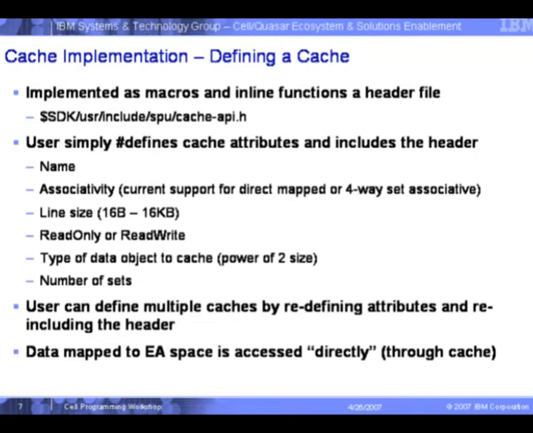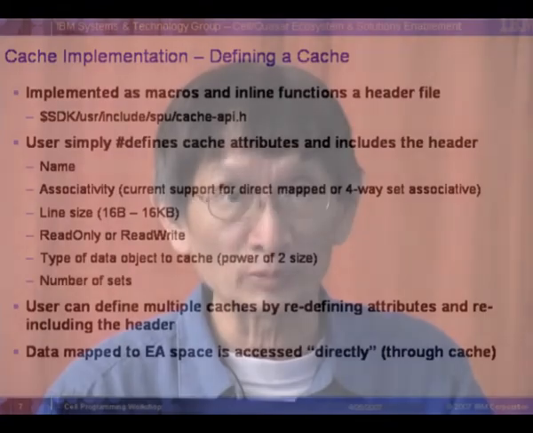The user can define multiple caches by redefining the attributes. Every software cache has to be defined by including the cache API here and then the attributes. If you want a second software cache, you repeat this section, right? The cache API and the attributes and so on. So you can define as many software caches as you want.